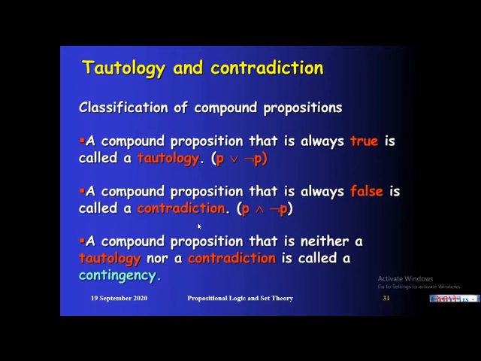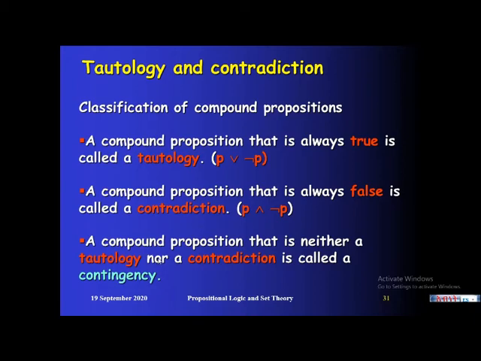A compound proposition that is always true is called a tautology. It means that after we construct a truth table, if the last column of the compound statement is all true, we call it a tautology.